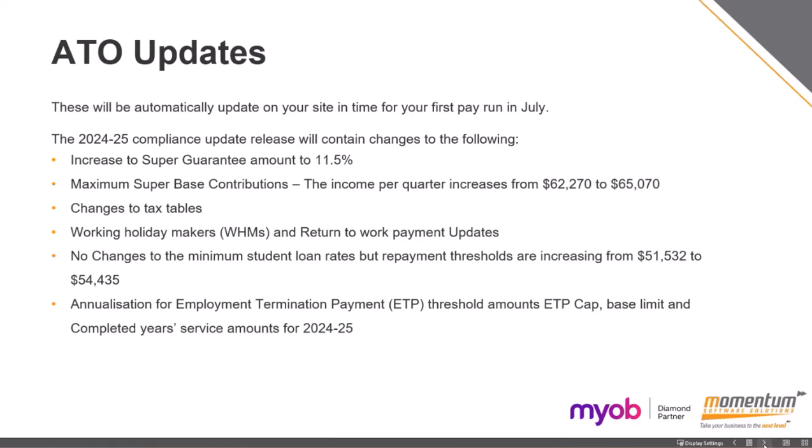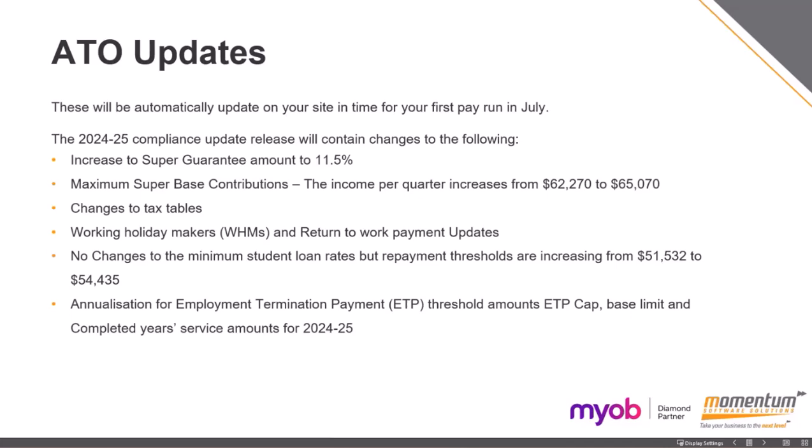The maximum super contribution base, so the income per quarter, has increased from 62,270 to 65,070. There is a change in tax tables, so there is a change in the rates and tax brackets for your Australian residents, non-Australian residents, as well as working holiday makers.